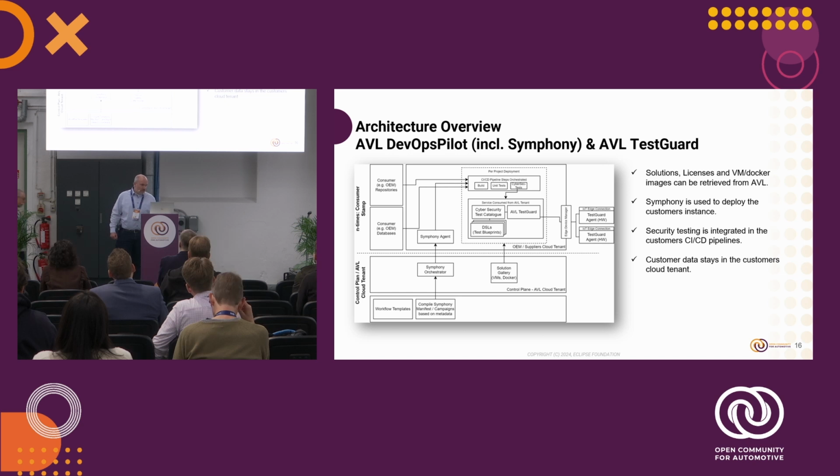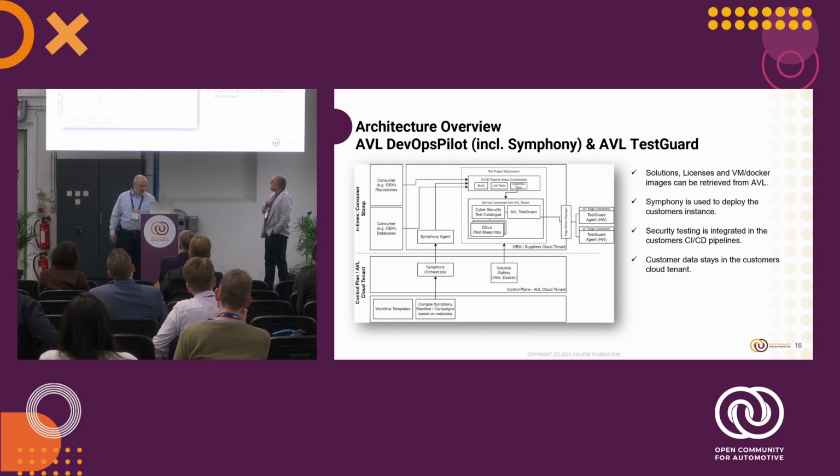You can see here Symphony on the lower part, which is used to deploy the customer instance and also to orchestrate the pipelines. On the upper part, you see one example of a possible pipeline, which contains the cybersecurity testing solution with the testing catalogs, and then, as edge devices, the connected AVL test agents, where the devices under test are connected.